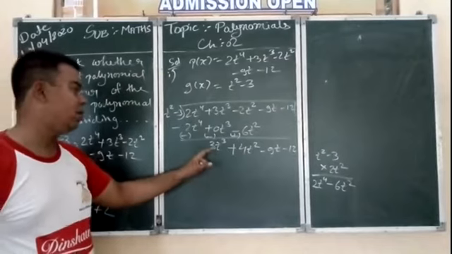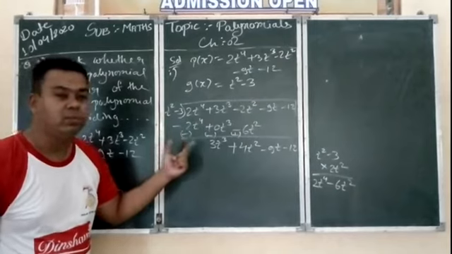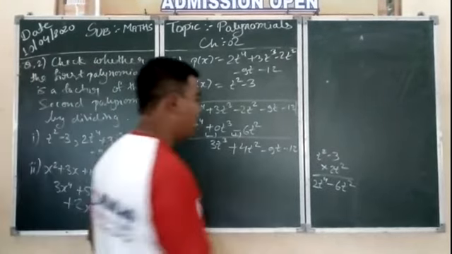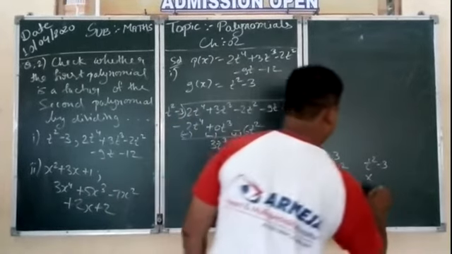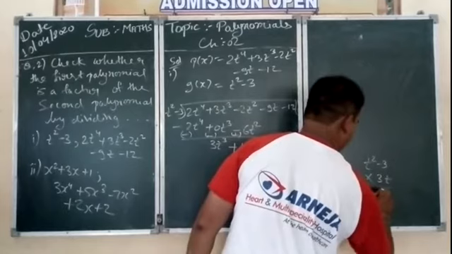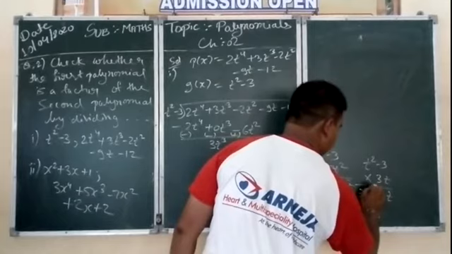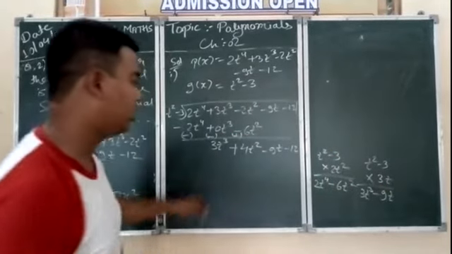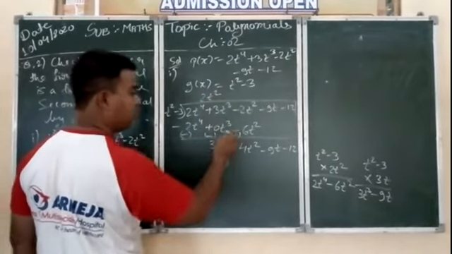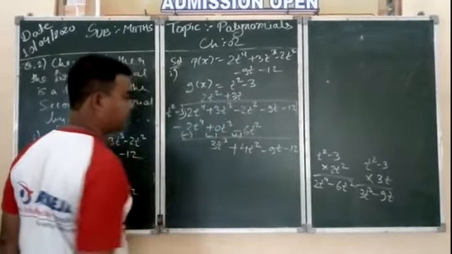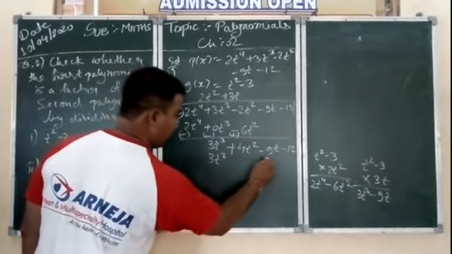Again the first term is 3t cube. So we multiply t square minus 3 by which term to get 3t cube? By 3t. So 3t times t square minus 3 gives 3t cube minus 9t.